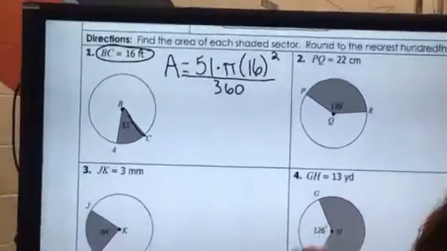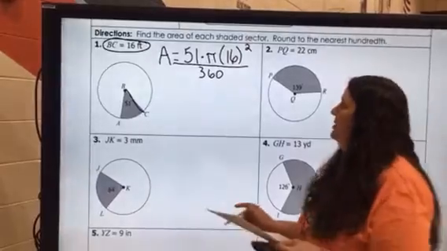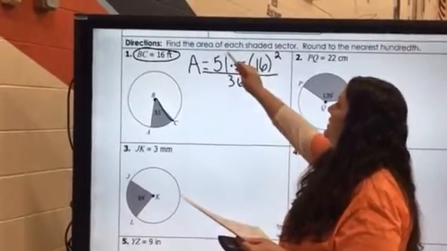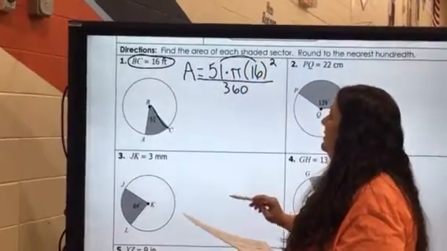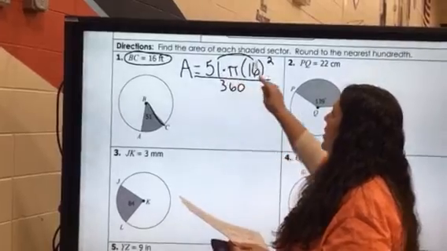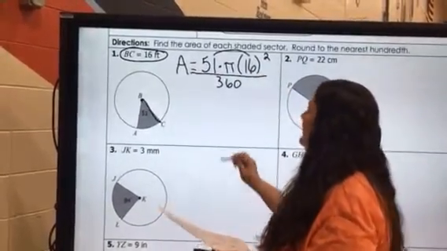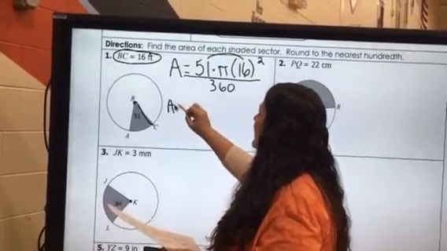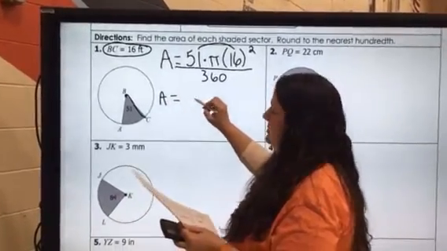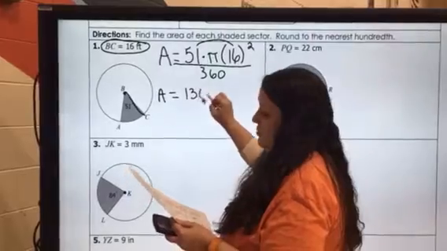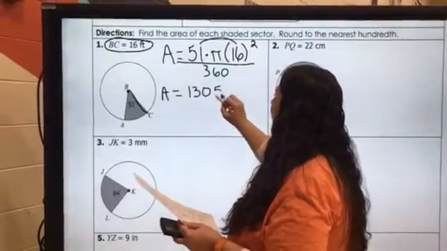So when Gina is doing it on the notes, she always does the first things this way. She takes 51 times 16 squared, and she gets 13,056.